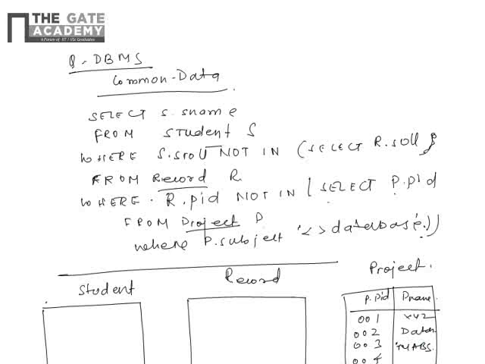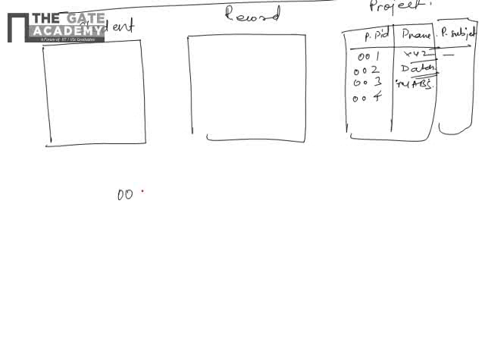Now first we have to select a Pid from Project P where the P.subject, one more column, is not database. Since 002 is a database project, it is not selected. 001 is not a database project, so I have selected 001. This will be the P.Pid value.